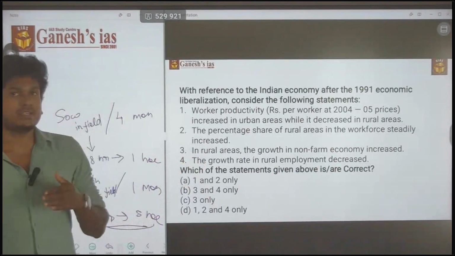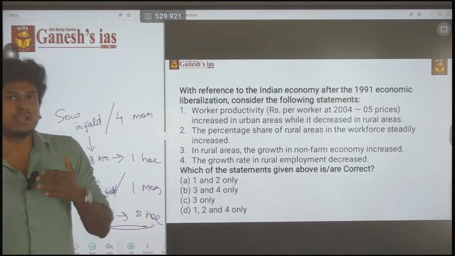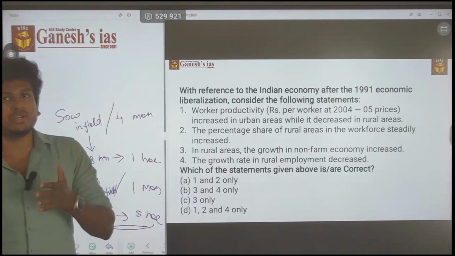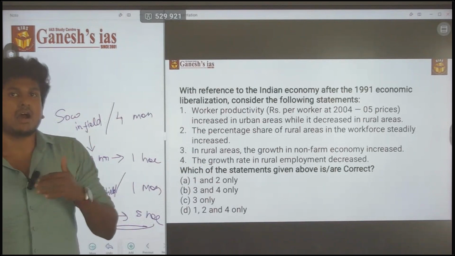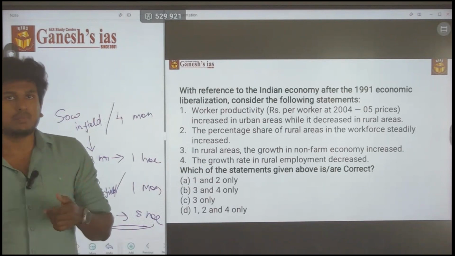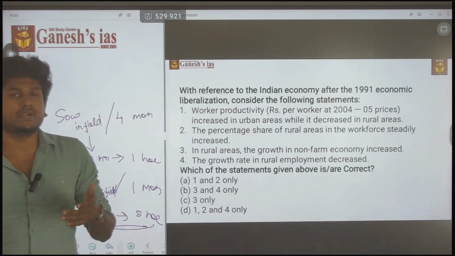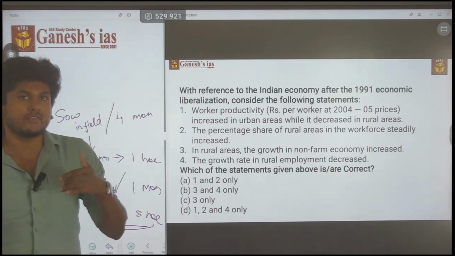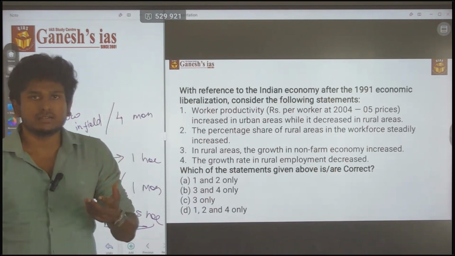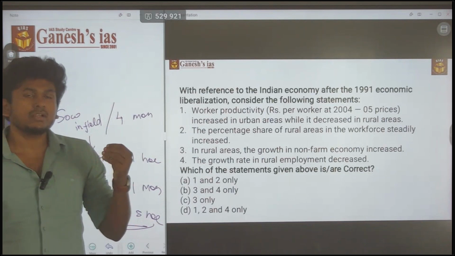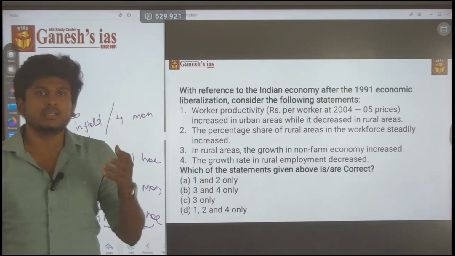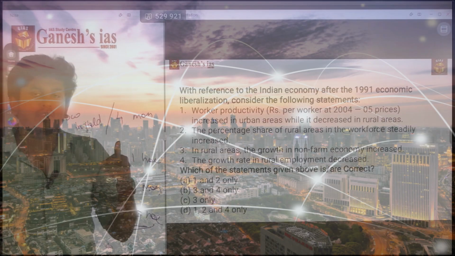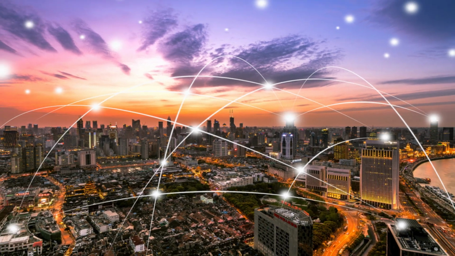See, what actually happened after liberalization is that a lot of companies came into India and settled in the urban area only. In the urban area they have a lot of connectivity and a lot of availability of connected industries. So a lot of companies settled in the urban area only.